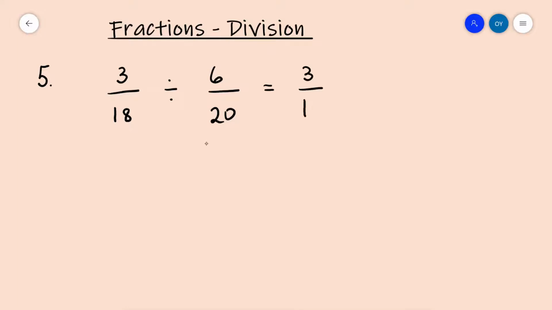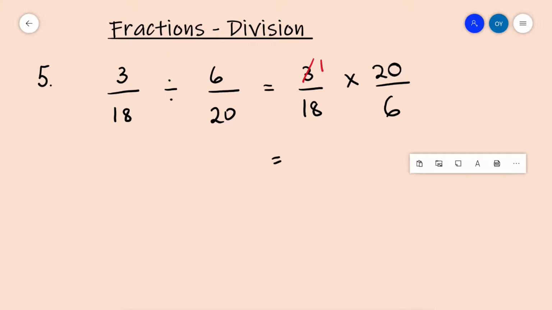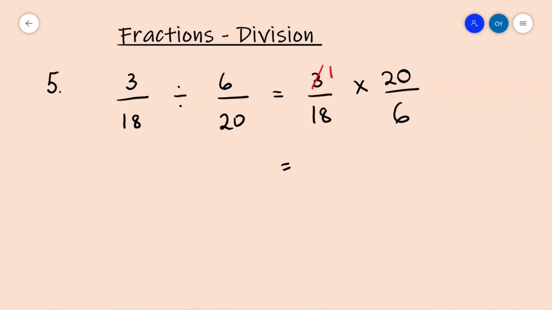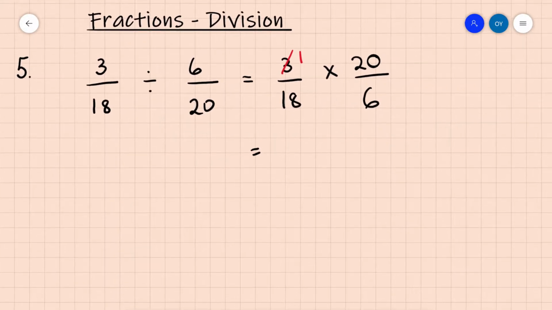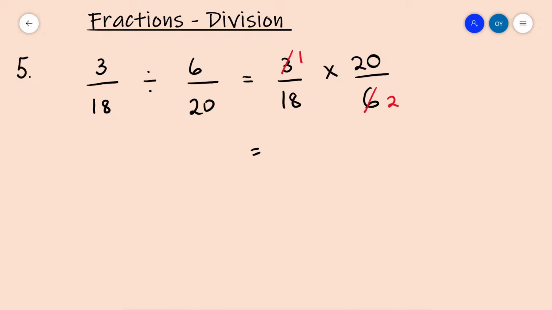Number 5. 3/18 divides 6/20. We have 3/18 multiplied by 20/6. Now we simplify further. 3 divides 3, 1. 6 divides 3, we have 2. 2 divides 2, 1. 20 divides 2, 10. 10 divides 2, 5. 18 divides 2, 9.